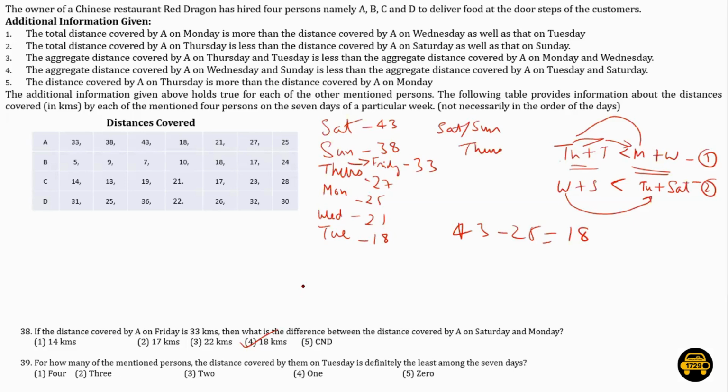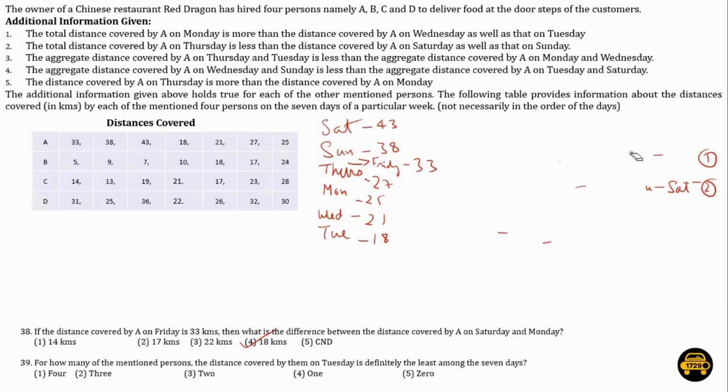For how many of the mentioned persons is the distance covered by them on Tuesday definitely the least among the 7 days? For this question, we need to understand one thing. The question being asked here is for how many persons the distance covered by them on Tuesday is definitely the least.